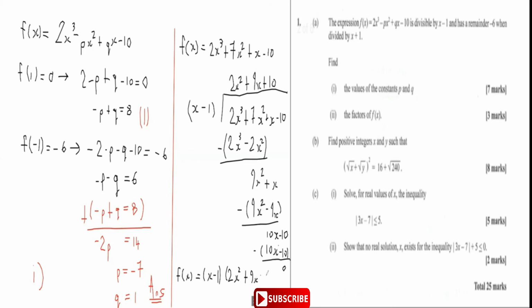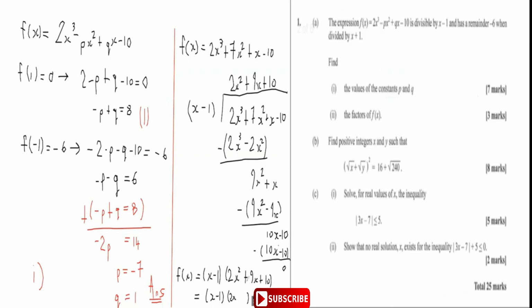This is now easy to factorize. So we're almost finished. We know it's going to be two linear factors. In order for it to be 10 and 2x squared, it's going to be 2x and x.